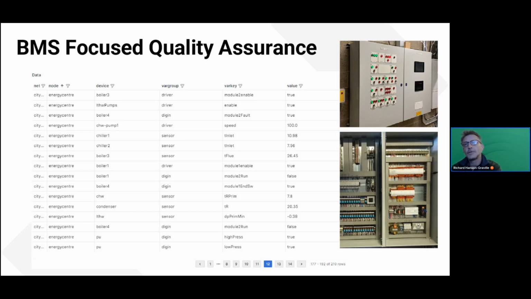So what we're really talking about in general here is BMS focused quality control. We're talking about making use of the existing BMS systems and the head-end systems that already have eyes on pretty much every single data point that's concerned in a heat network, including all the bulk meter data and substation controls.